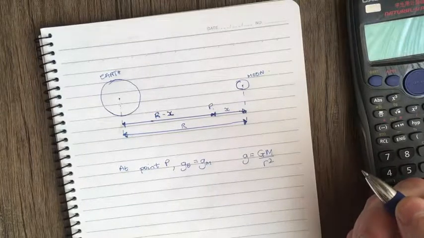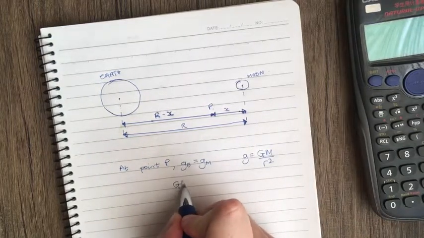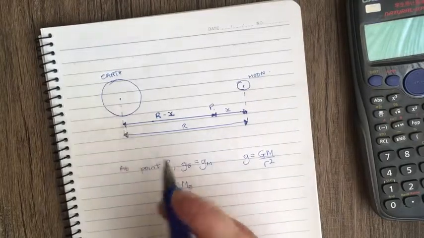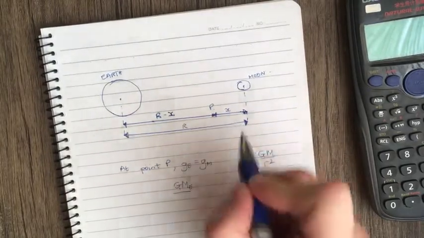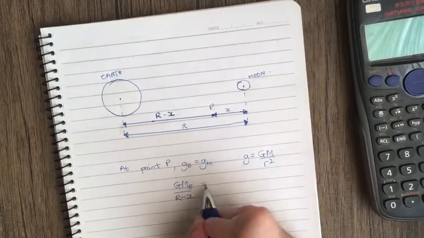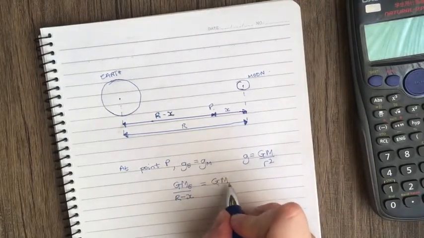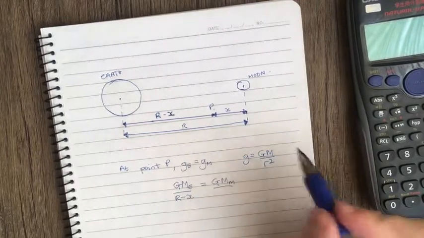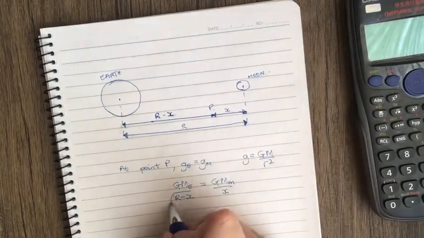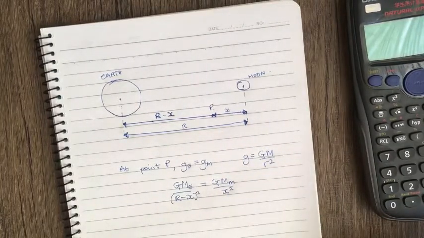So we can make a new equation where we say G m of the Earth divided by the distance to point P, which is r minus x, and that is equal to G m of the Moon divided by the distance to point P, which is x in this case. And we've got to remember that this is squared and this is squared.